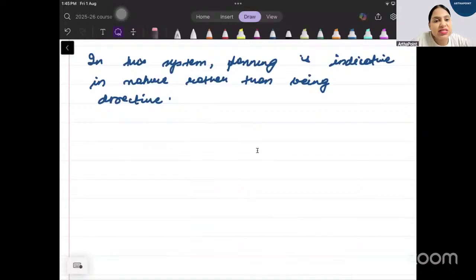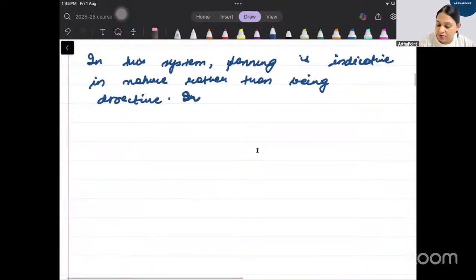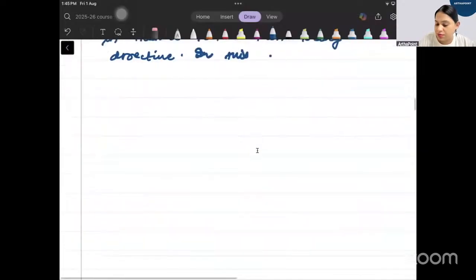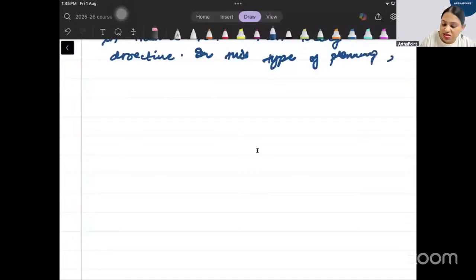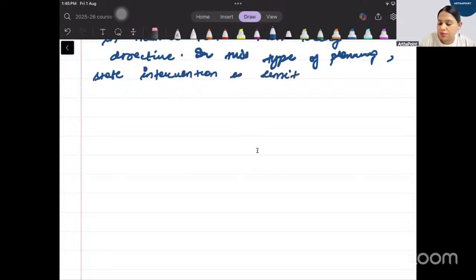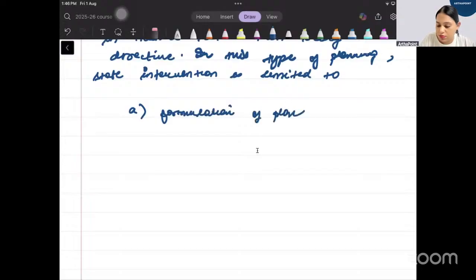Okay. In this system, planning is more indicative in nature. Meaning, you leave things to the market. It's democratic in nature. And in this system, please write down that in this type of planning, state intervention is limited to formulation of plan, adoption of indirect control.